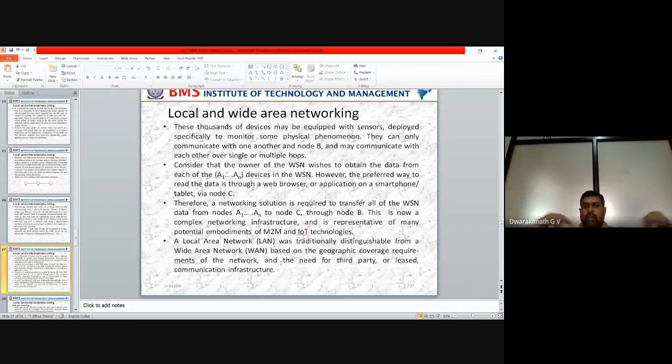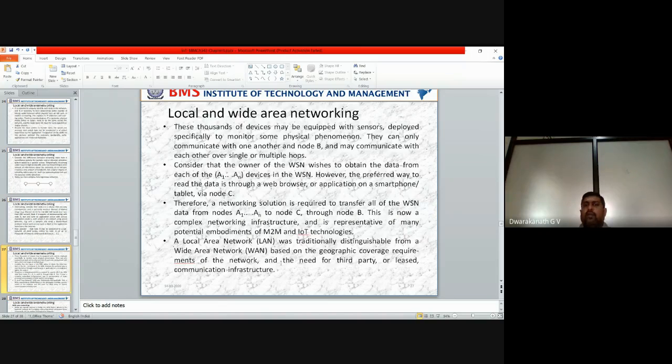They can only communicate with one another and with node B. That node B, it can only communicate with node B. It doesn't know anything. But C is having internet. Keep in your mind, C is having internet, but it can communicate with only node B. Then node B is connected with Ethernet LAN to node C. They may communicate with each other over a single or multiple hops.